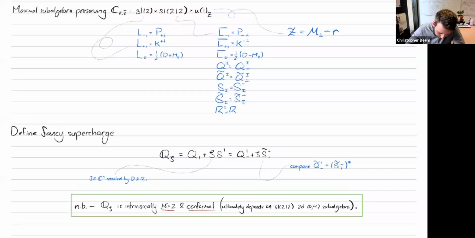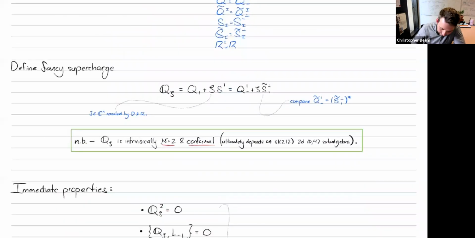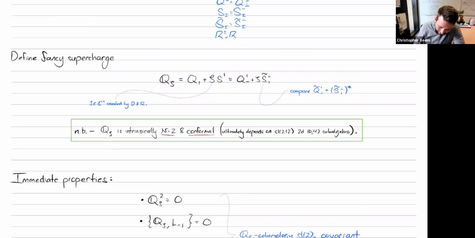And the important thing that I can do, given this subalgebra, is define a fancy supercharge, which is a linear combination of a particular one of my Poincare supercharges Q and a particular one of my special conformal supercharges S, which turns out to be this combination. I've put in a factor of zeta, which is some general complex number that you can include for free, and then you can rescale it if you conjugate by a combination of dilatation and SU2R.